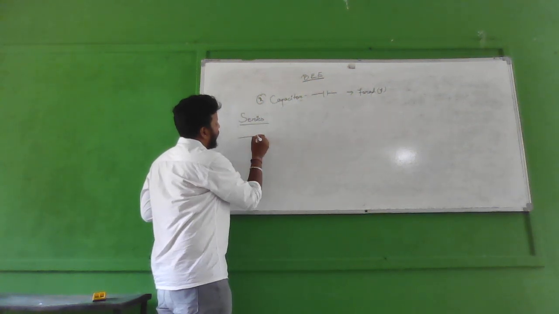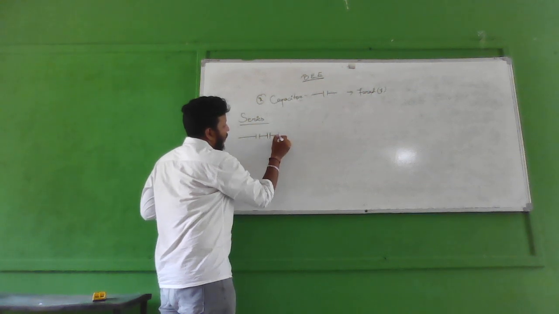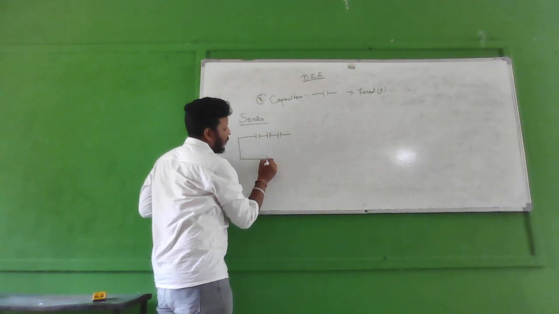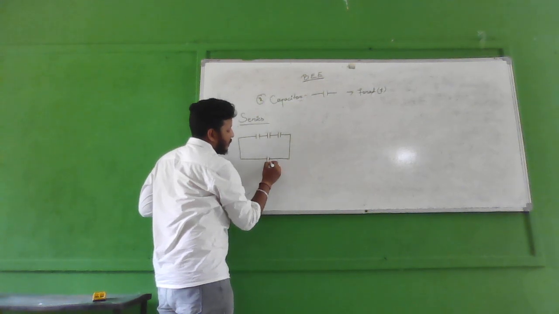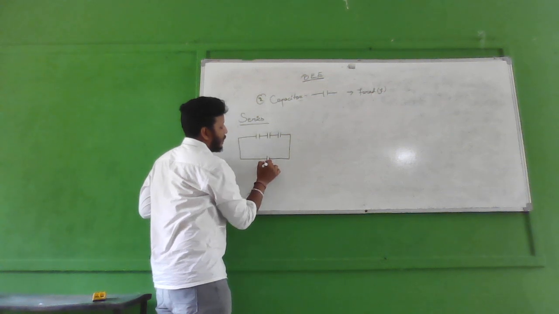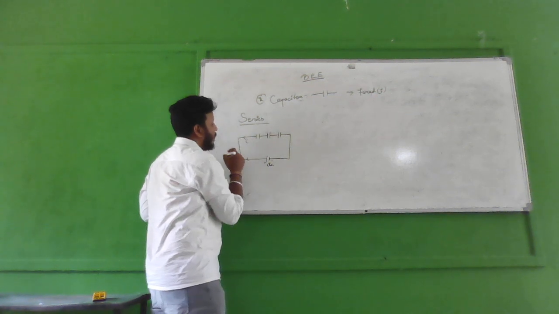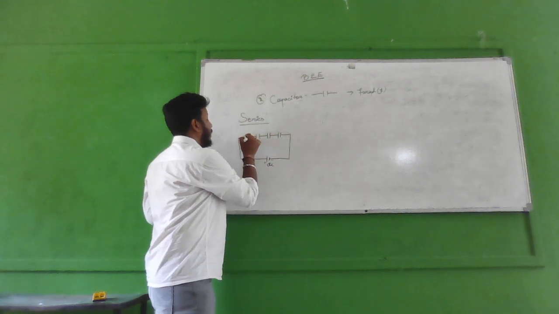So let's see how it looks. Three capacitors are connected in series with a DC source, positive and negative.